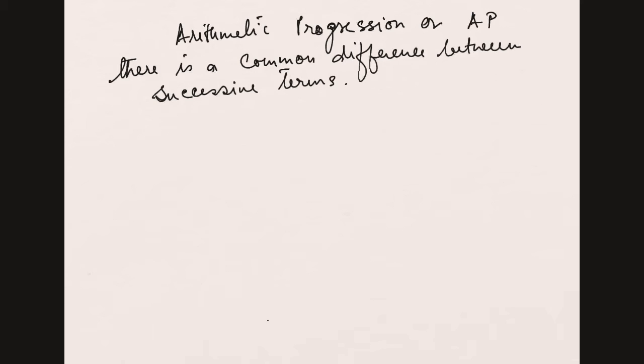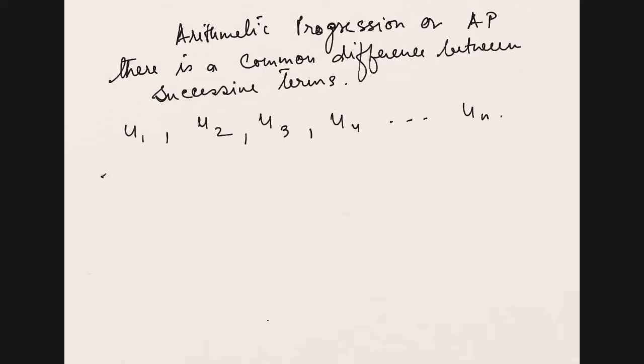The terms of a sequence are generally labeled as the first term U1, second term U2, next term U3, U4, like that. Un is the nth term.